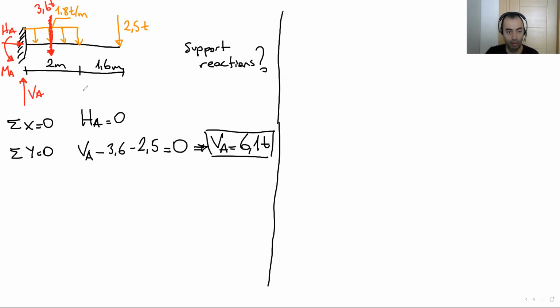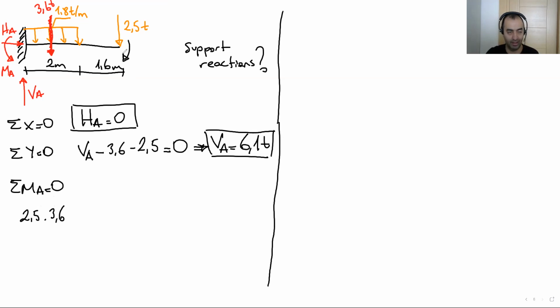We have HA here. Now we have point A. We're going to write total MA equals 0. Let's write the equation here. Let's start from this point. 2.5 times distance. Distance is 3.6 meter.